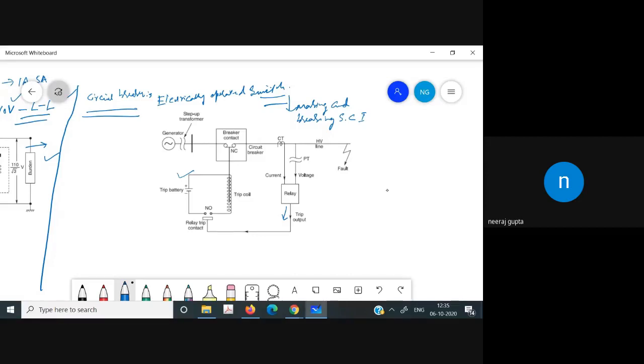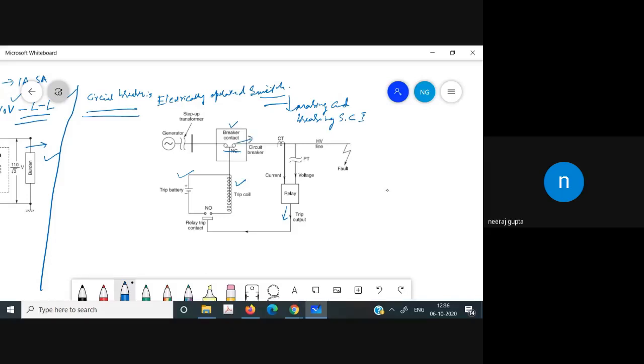Now, when the circuit breaker is in the closed condition, you can say the contacts are held closed. That is, normally closed contacts are there, and these are held closed by the tension of this spring.